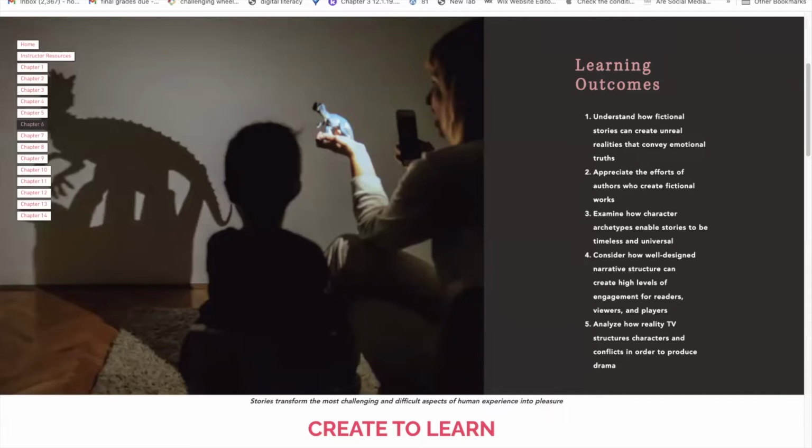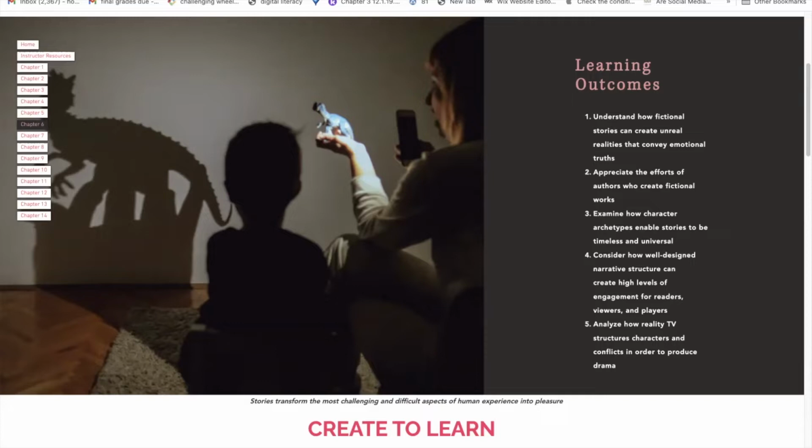The art, the technology, and the creativity that is necessary for stories to come to life. I think it's important for students to be able to understand how character archetypes enable stories to be timeless and universal, even as they tell a very particular, specific story.